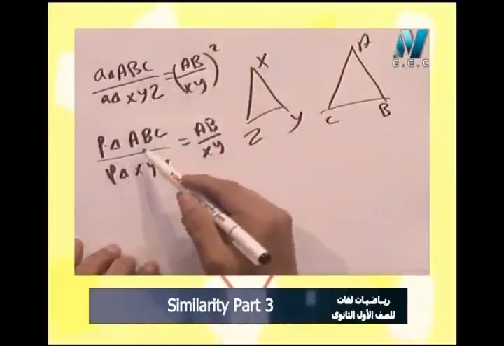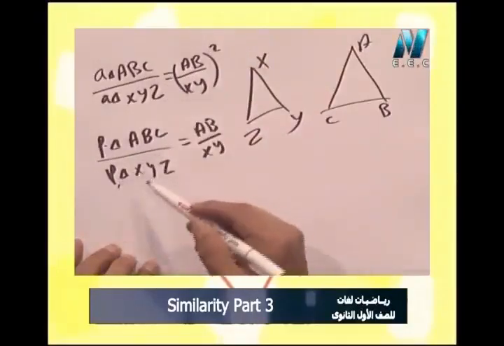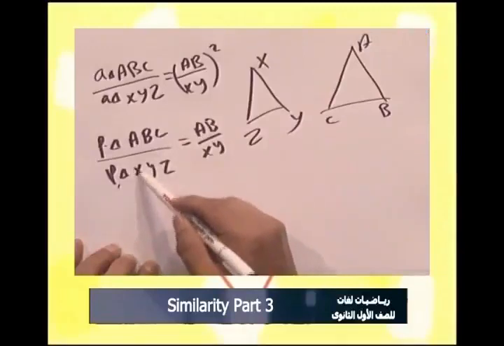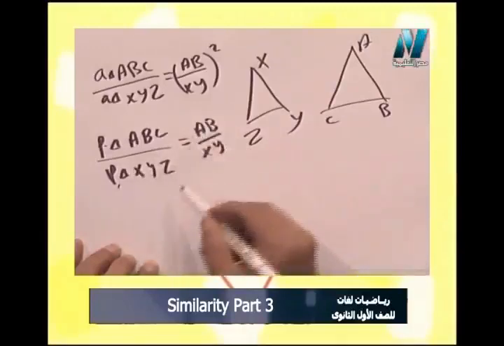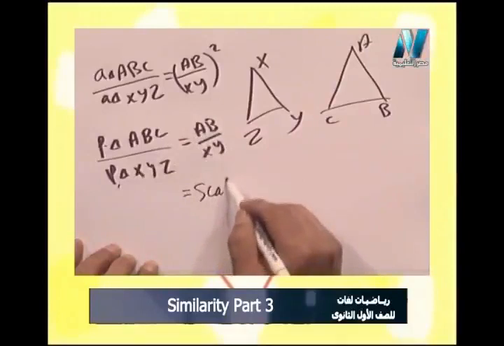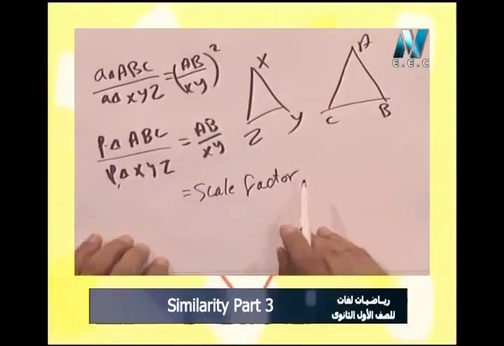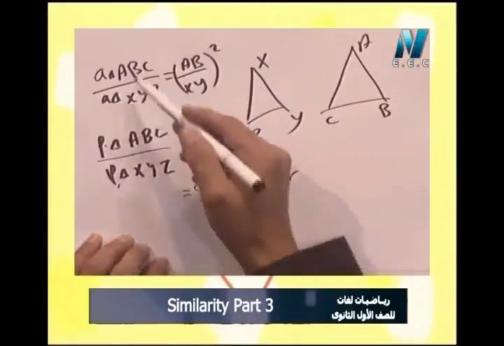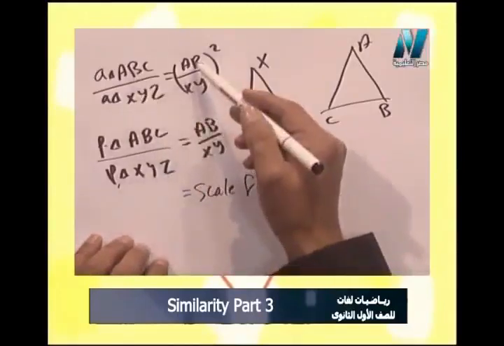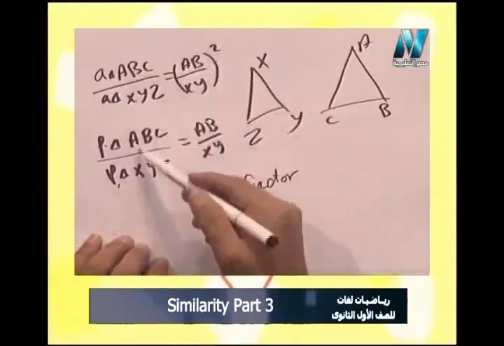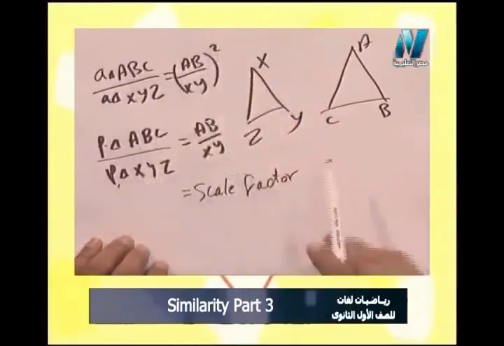But perimeter of triangle ABC over perimeter of triangle XYZ will be the same ratio, which is the scale factor. Now concentrate. The ratio between the two areas equals any ratio but power 2. Perimeter equals just the ratio.